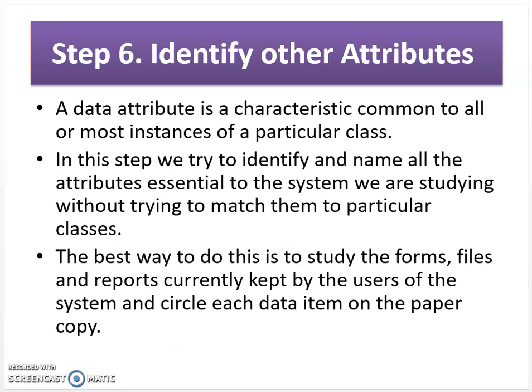The next step is to identify other attributes. So apart from the primary key, for each and every class, we may have other attributes. For instance, if you are looking at the organization that you are assisting when it comes to the assignment, and you take one form, let's say a membership form, you'll find that a membership number can be our primary key, and all other attributes like membership name, membership's address, membership's contact details, and other attributes, we will need to map all of them within our class.